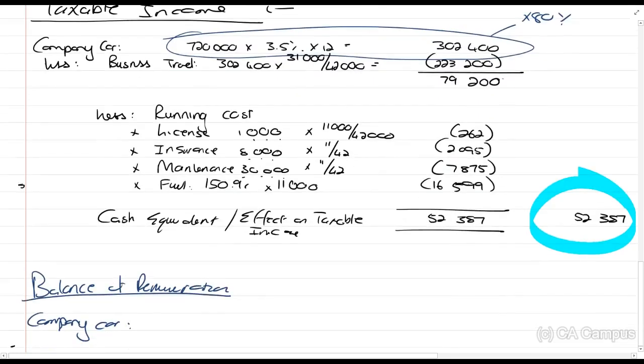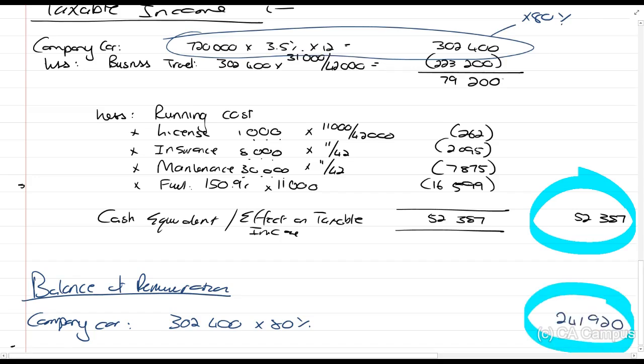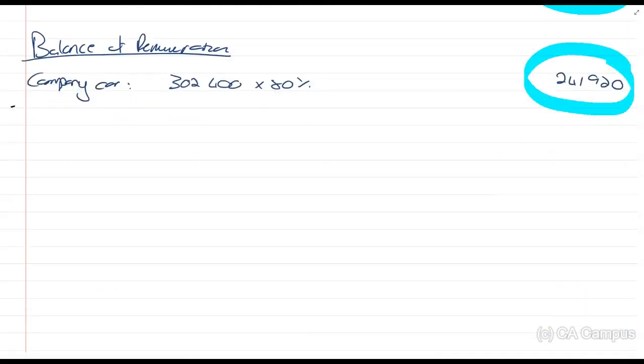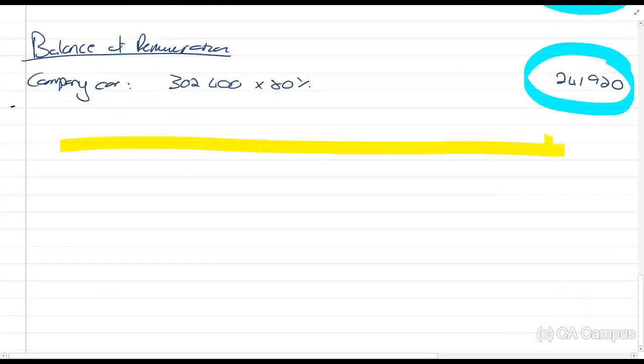So you can literally take it if you want and say 302,400 times 80%. And that gives us 241,920.